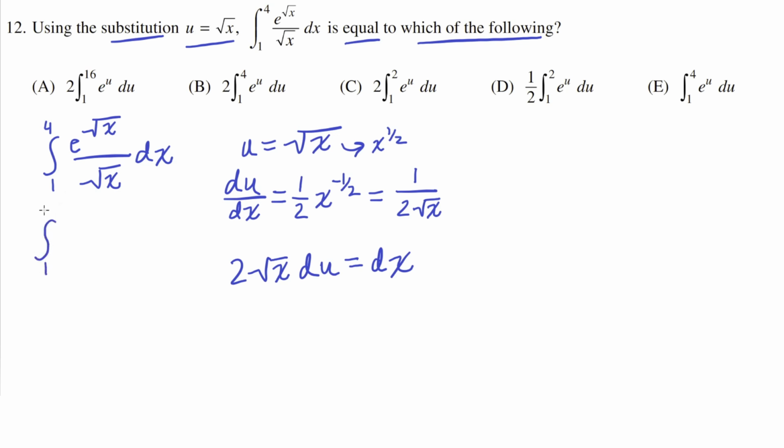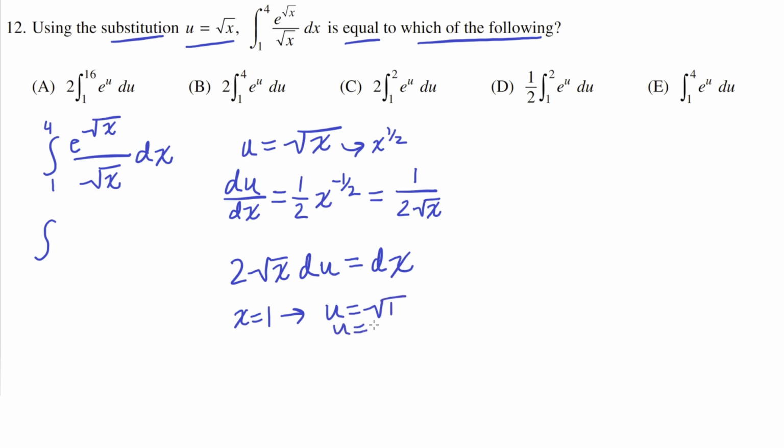So we'll have the integral. Oh, and we should also convert the boundaries of our integral to write them in terms of u. The lower boundary is an x value of 1, and when x equals 1, u equals the square root of x, so the square root of 1.